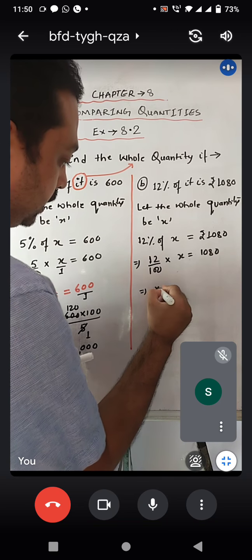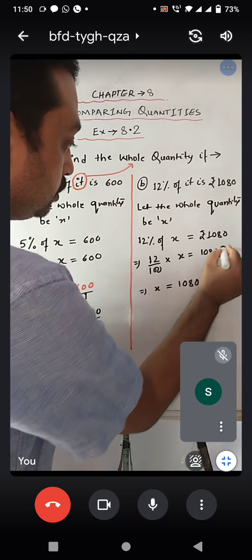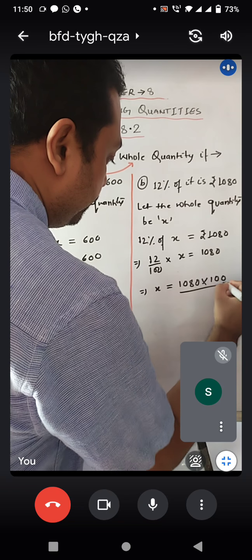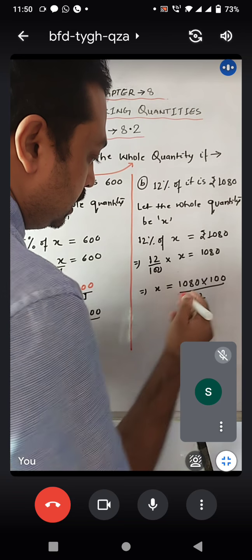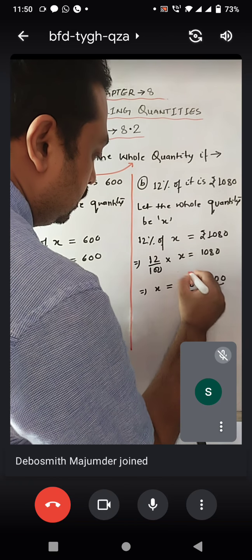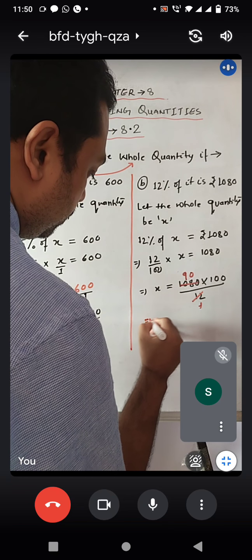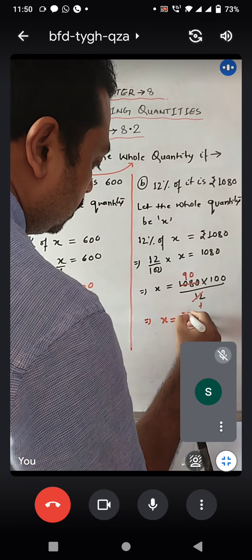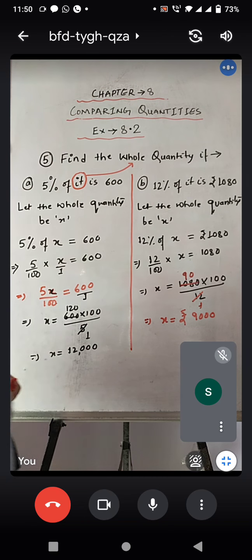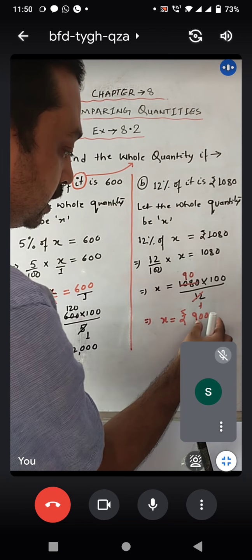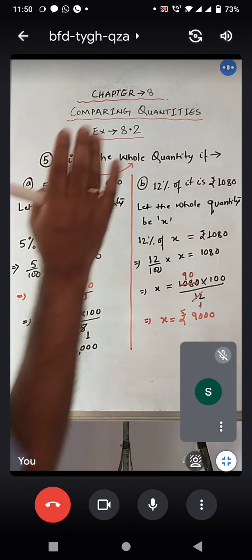So you can write directly also, that is x is equal to 1080 into 100 by 12. This is what you can do. So now if you reduce the numbers, 12 ones are 12, 12 90s are 1080. So your required answer is x is equal to rupees 9,000. So the whole quantity for sum number B is 9,000.